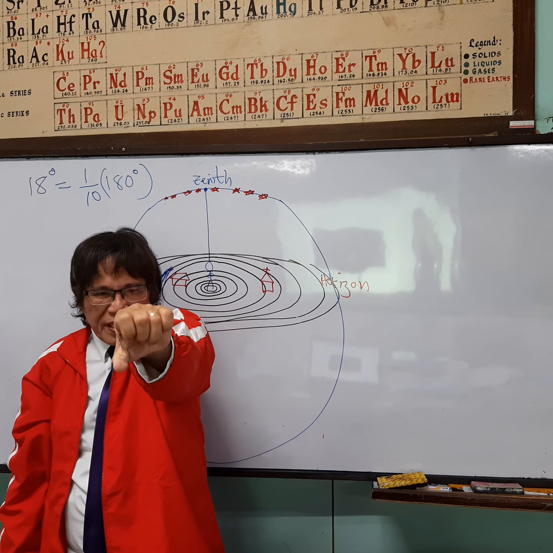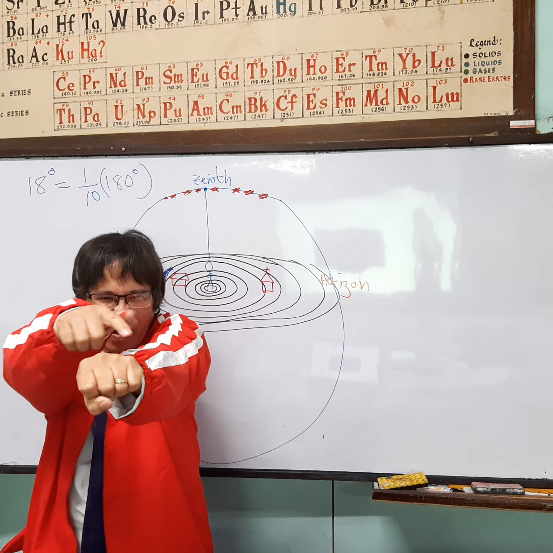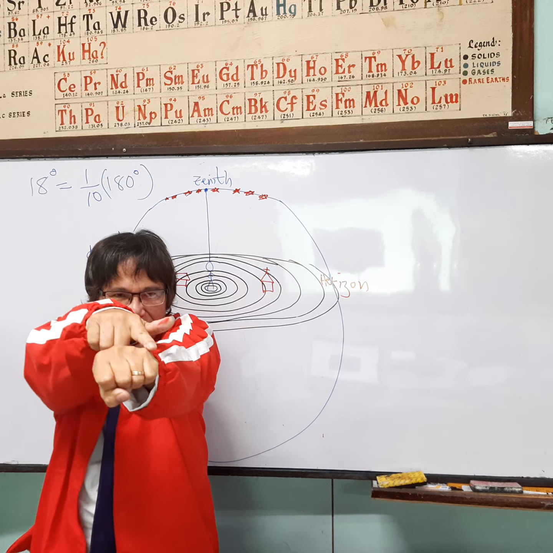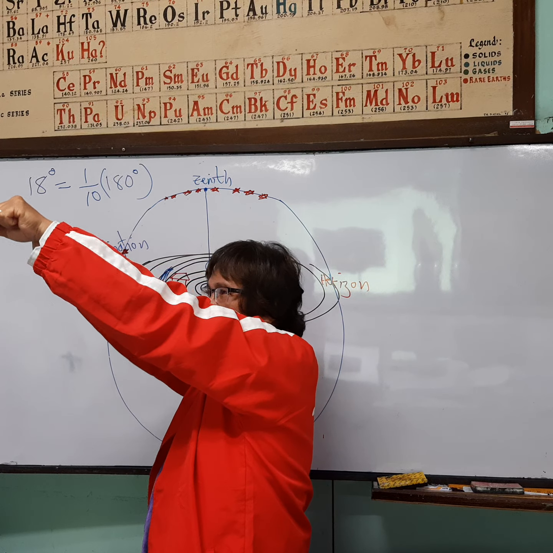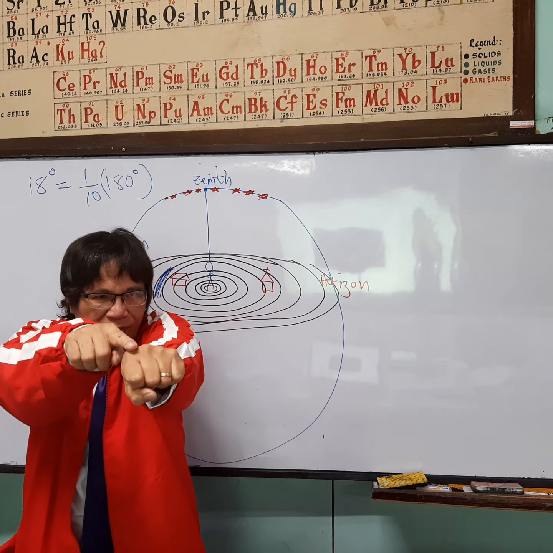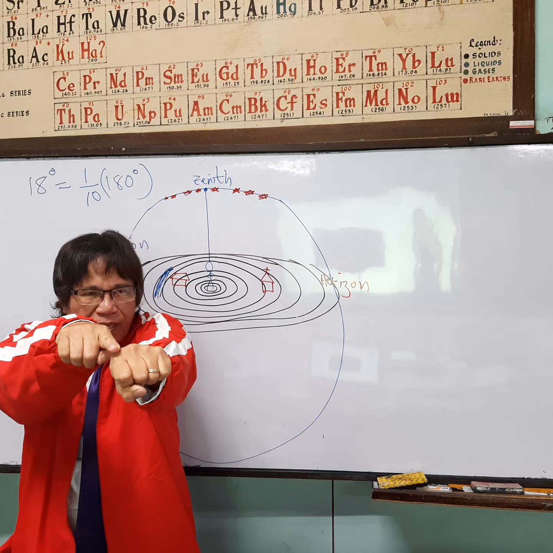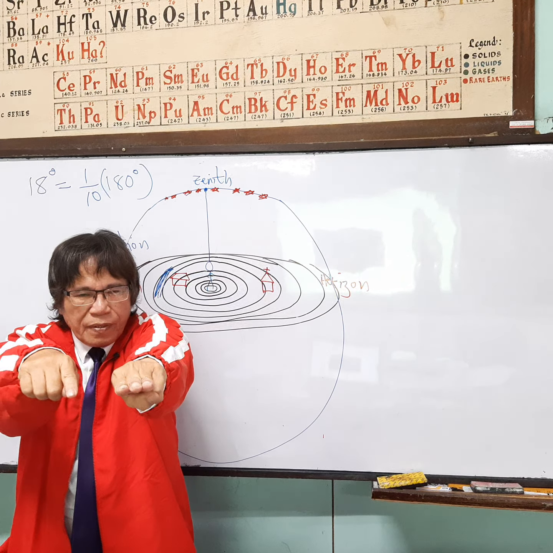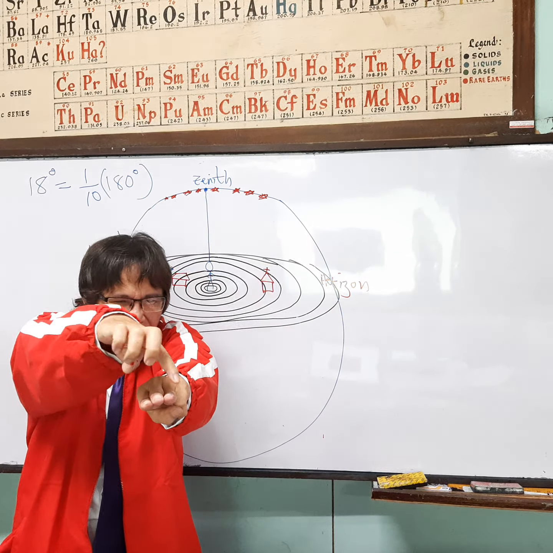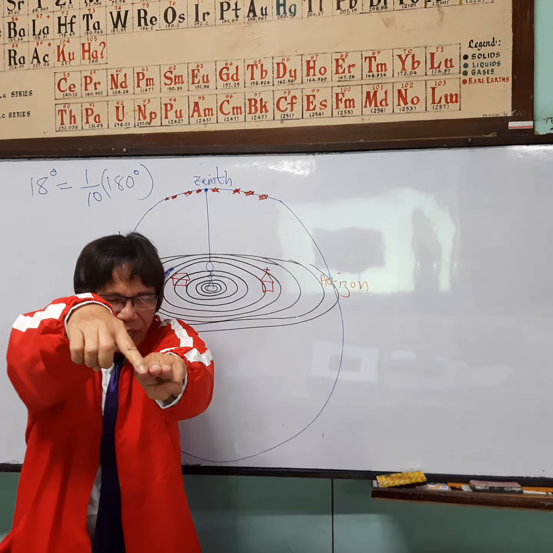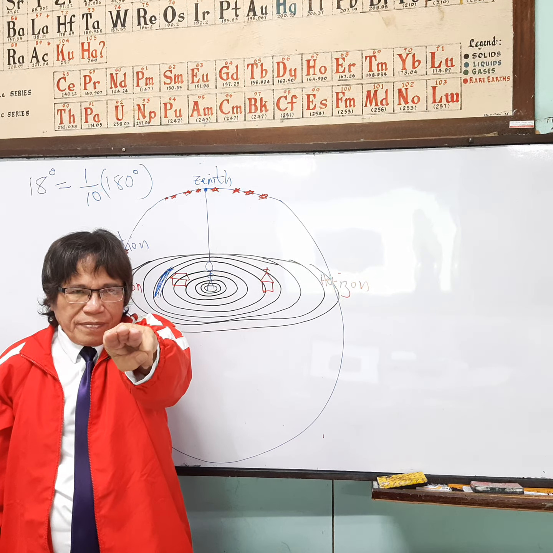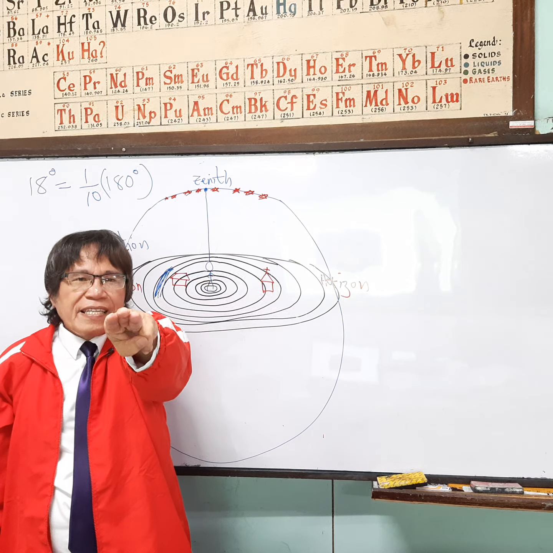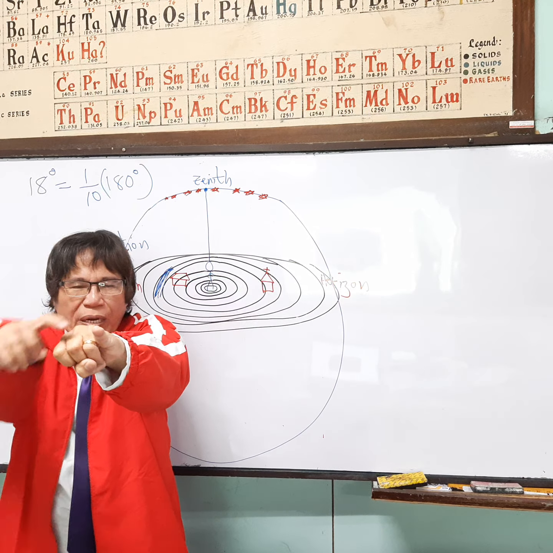Next to 15 degrees, 10 degrees: from this knuckle to this knuckle, this is 10 degrees. Next to 10 degrees, from this end to this end, this is 5 degrees. Then, this one, this is 1 degree.